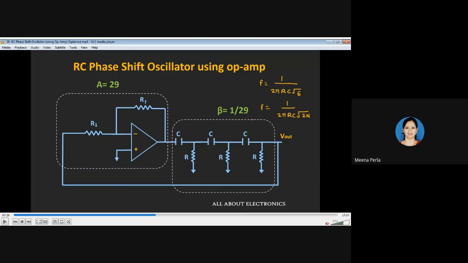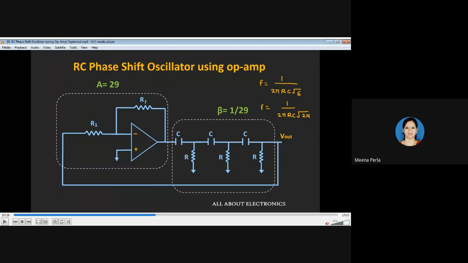Then we have seen that the phase shift introduced by the amplifier is 180 degrees because we have connected the feedback to an inverting terminal. But Barkhausen's criteria says that our phase shift should be equal to 0, right? So to remove that 180-degree phase shift, we connect an RC network as a high pass filter.